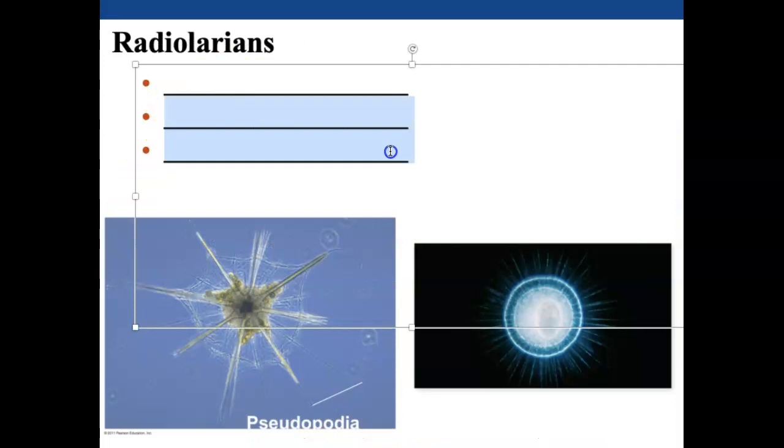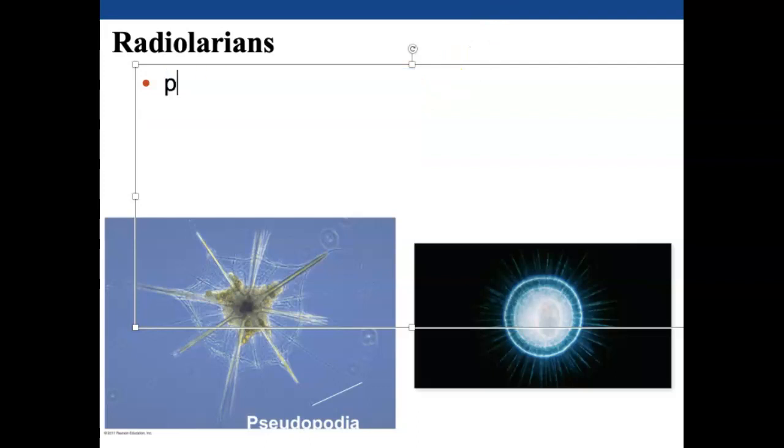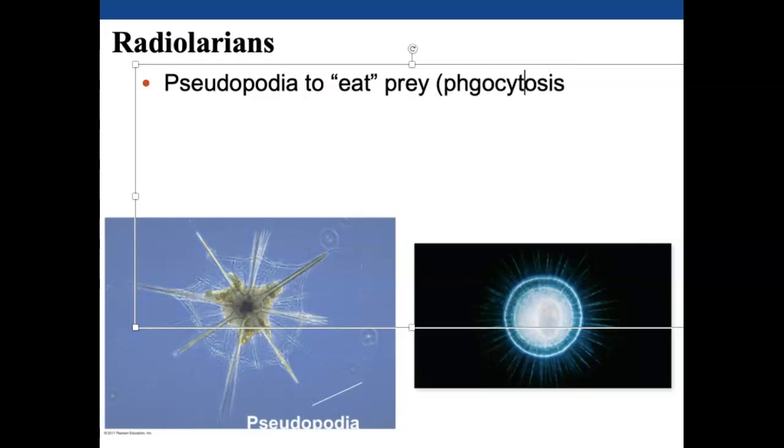What is it about these things that we want to know and remember? Okay, so they have pseudopods. They use the pseudopods to eat, notice little quotes, their prey. All right, so hopefully this term phagocytosis may sound familiar.